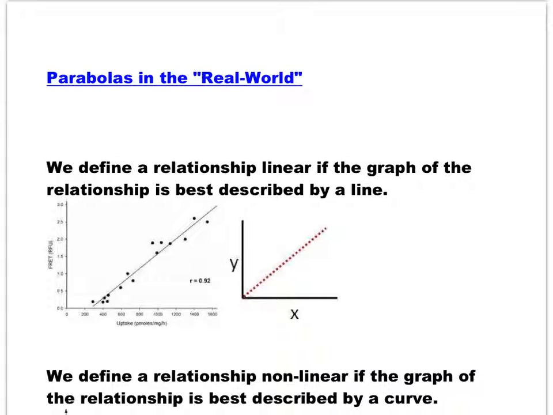The first thing that we are going to cover today is the types of relationships. The first one, as you remember from grade 9, is a linear relationship.